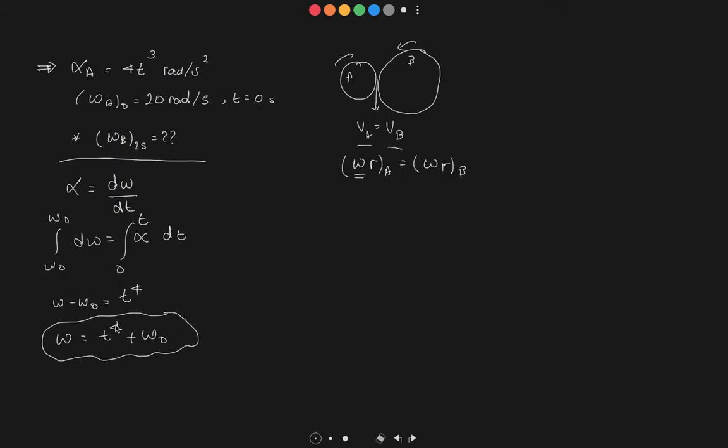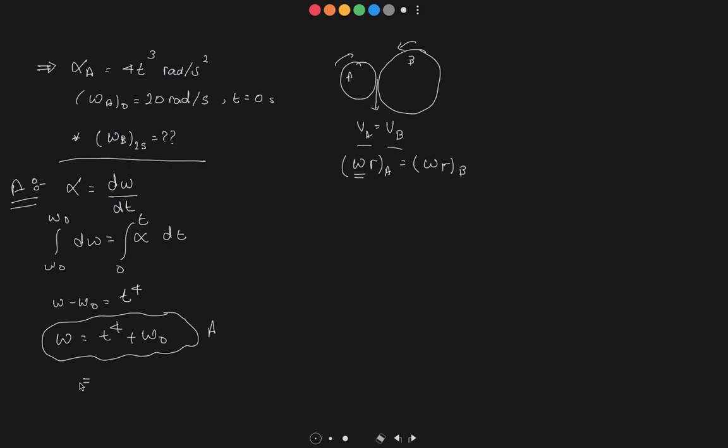But remember, here we are talking about gear A. So this is for gear A. Now we need to find the angular velocity at a time of 2 seconds.